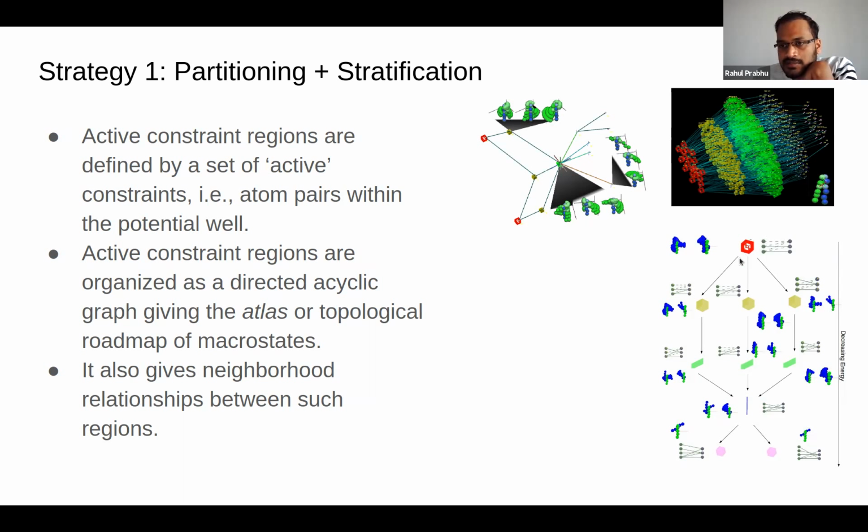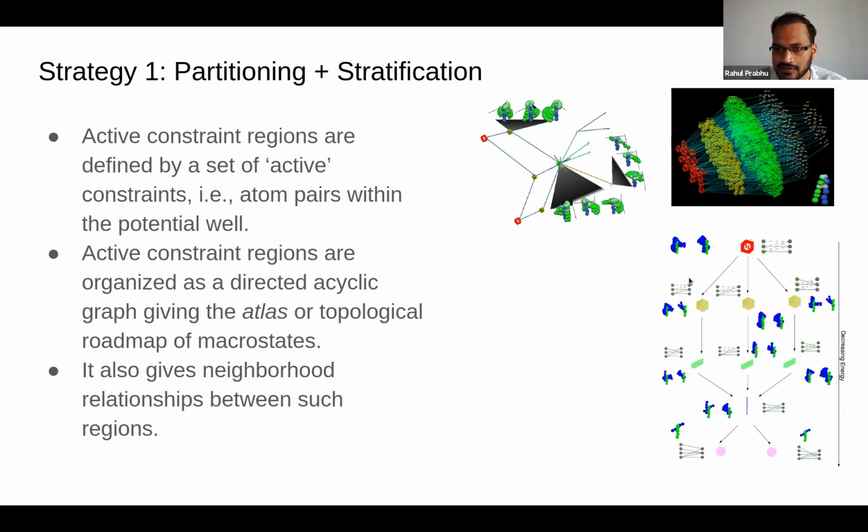And there's a molecule here, and I'm only showing 3 of them. This is just showing that some atom here is connected to some atom here. So the children of this active constraint region are exactly those that have these constraints plus one additional extra constraint.